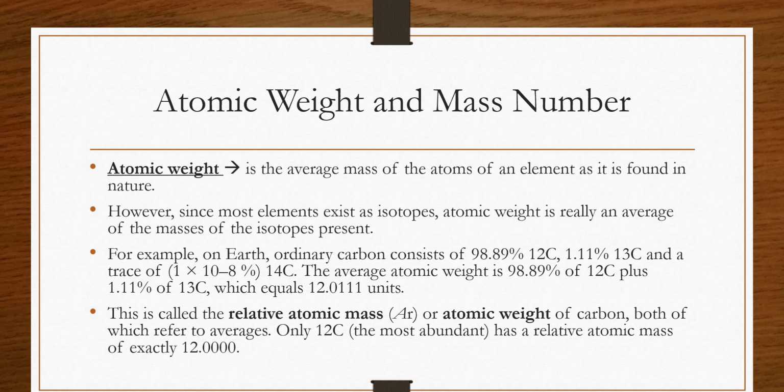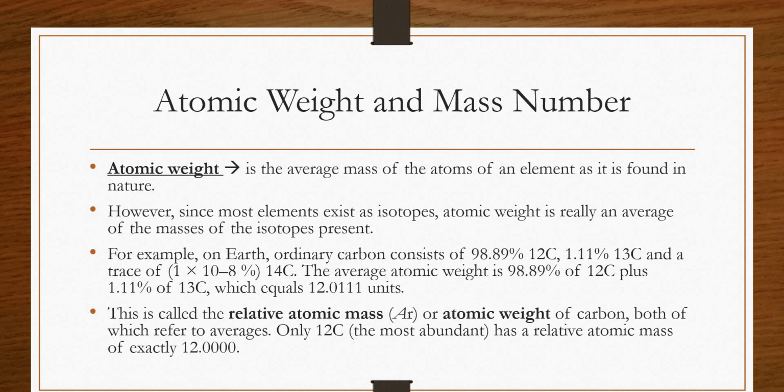So atomic weight is the average mass of atoms in an element as it is found in nature. Stuff like deuterium is found in nature, but it's very rare. So when we talk about the atomic weight of hydrogen, we will look at the bog standard hydrogen atom. Most elements exist as isotopes. Atomic weight is an average.